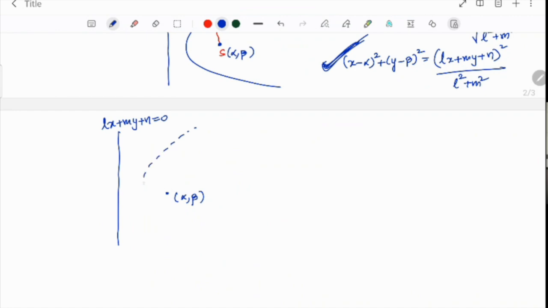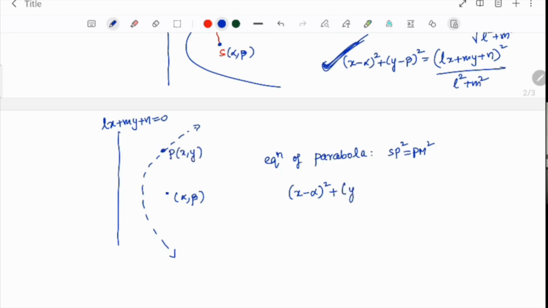What would be the equation? Remember like this: SP is equal to PM. Then we will square on both sides, SP square. So you take a point here.